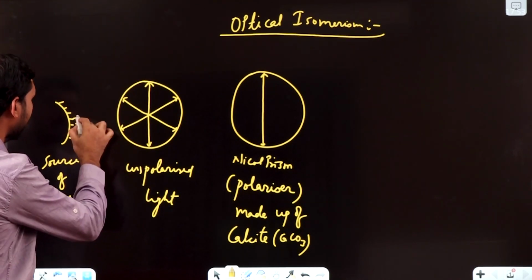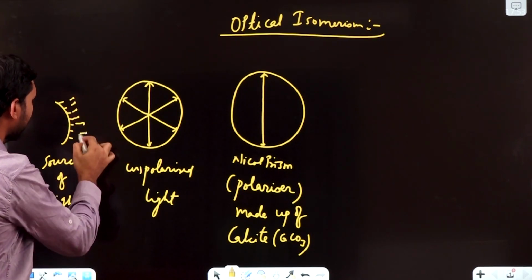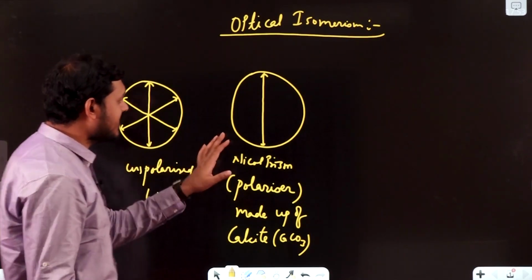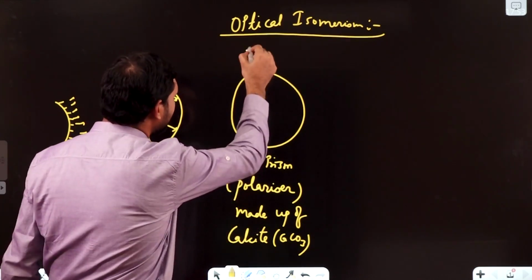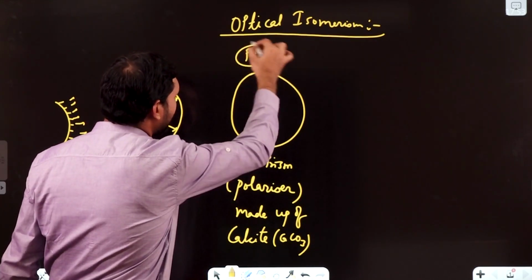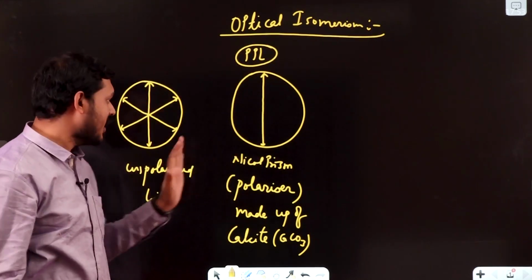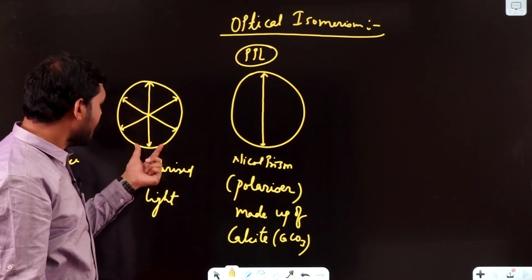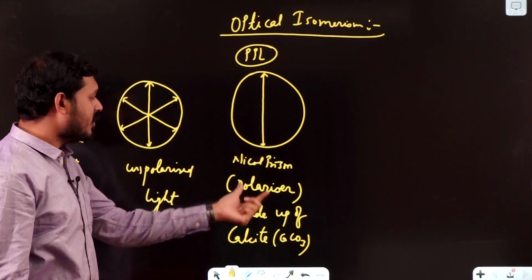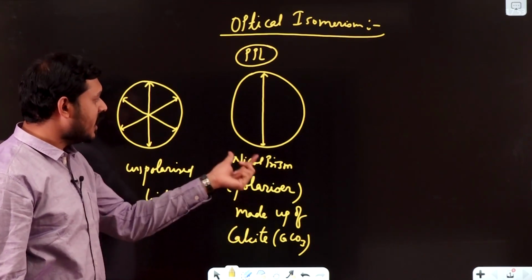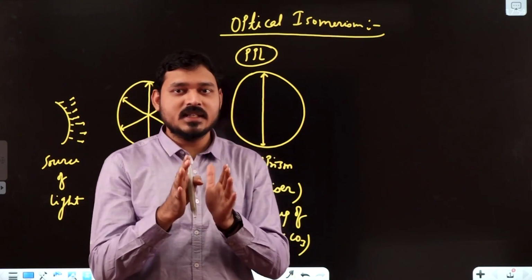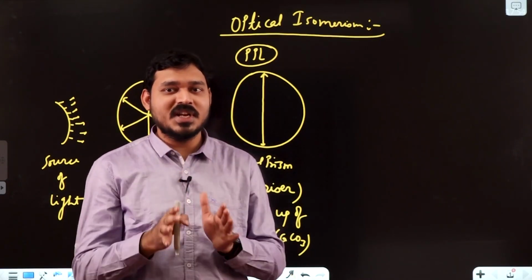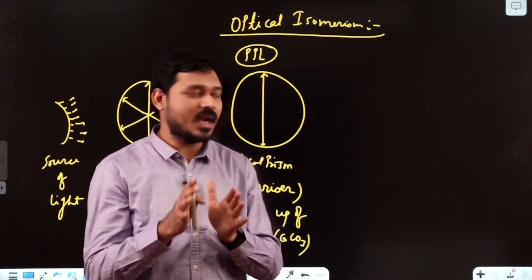Now these are light rays in a particular plane, so it is called PPL, plane polarized light. So when unpolarized light is passed through a Nicol prism or a polarizer, a particular plane of light is observed, meaning the light rays in a particular plane have oscillations in a single direction.